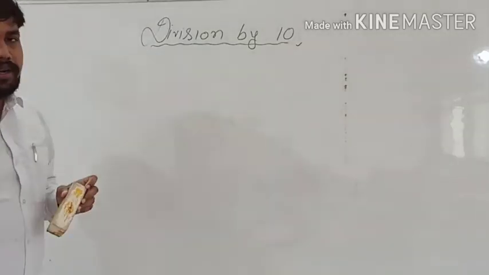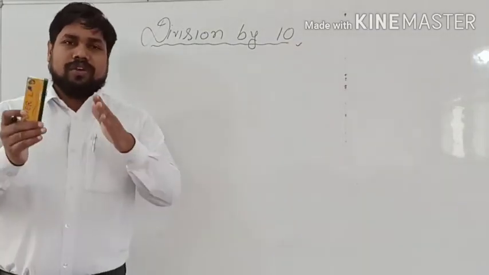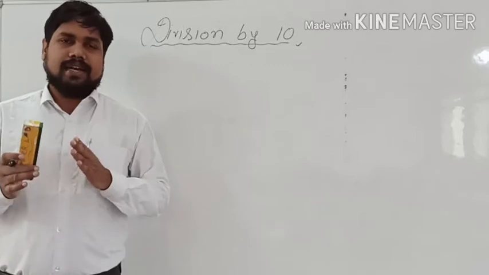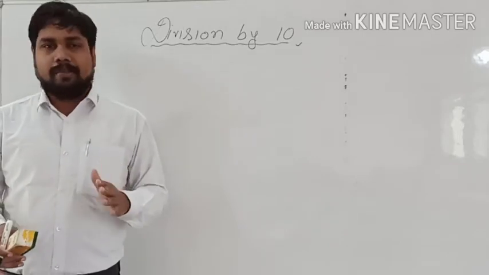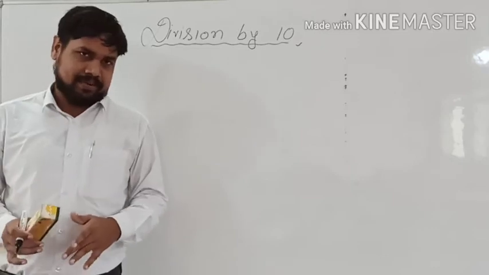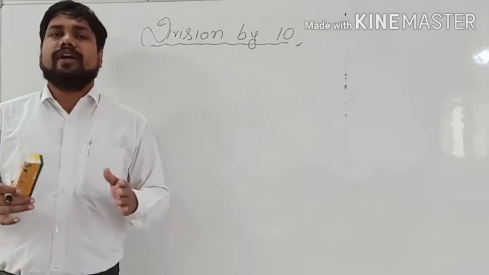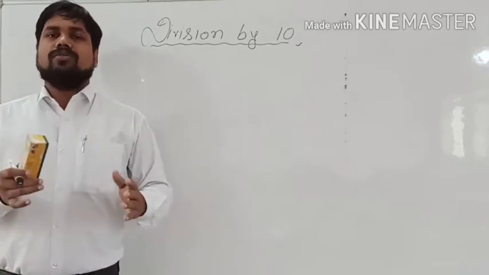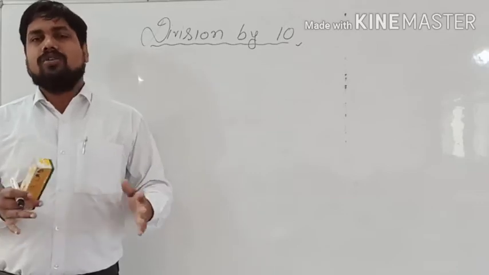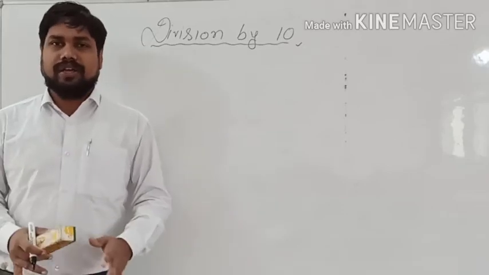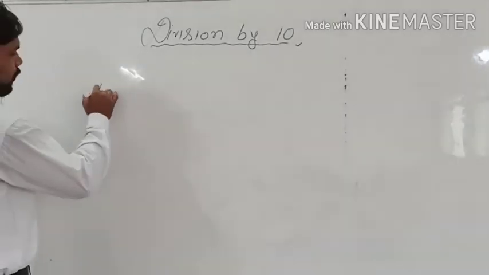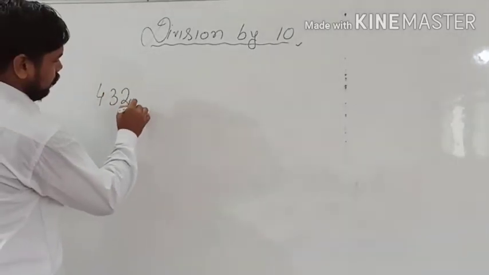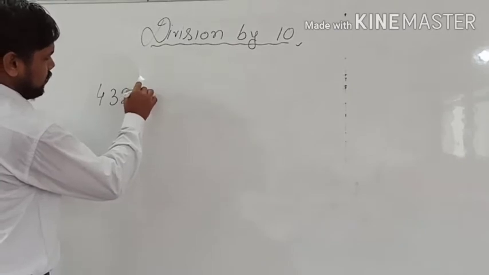Division by 10. So very simply, first let us take some number and divide by 10 and see what result we are getting. After that we will conclude how we can tell the quotient without division, right? We can take another number, 432, or suppose 4327.